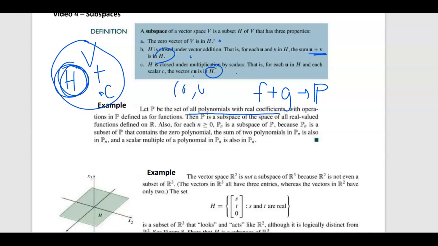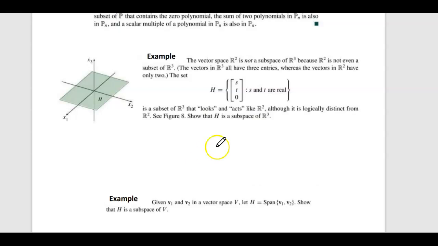The zero is there, right? And if you multiply a number times a function or times a polynomial, you get another polynomial. So it is a subspace by definition. Also, each Pn for n greater than 0 is a subspace of the polynomials, because, as I just walked you through, that's how this works with polynomials.